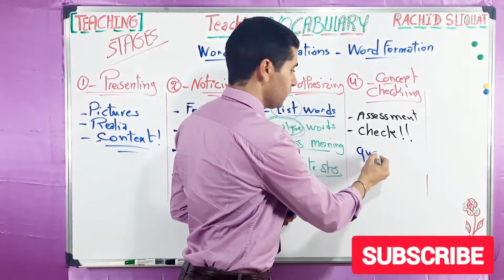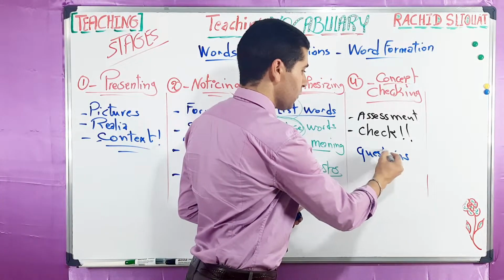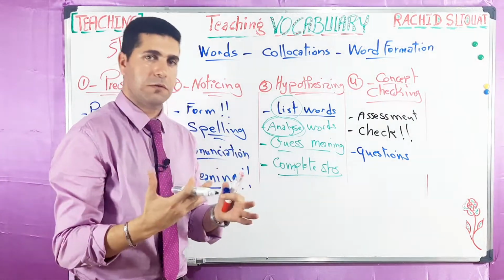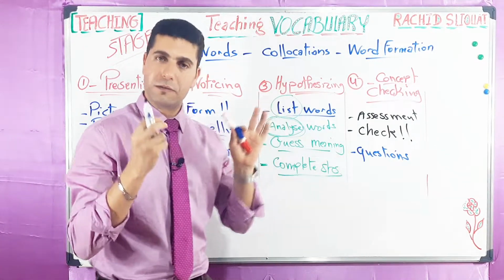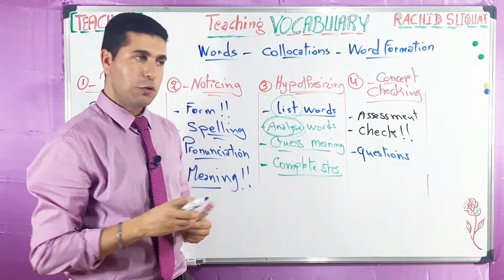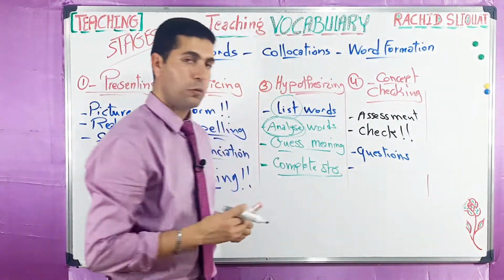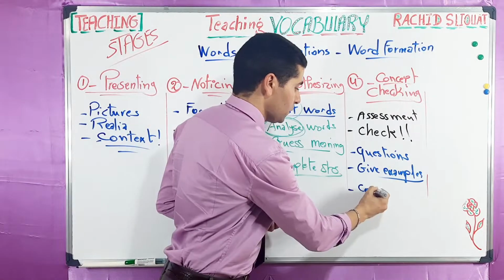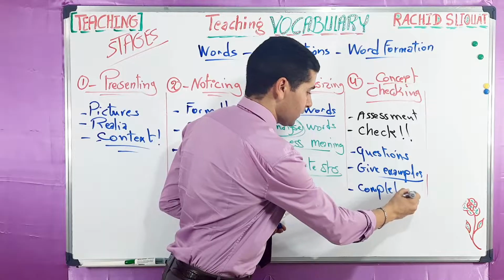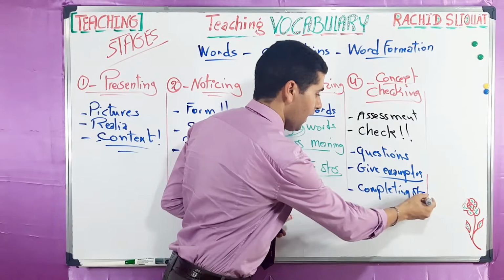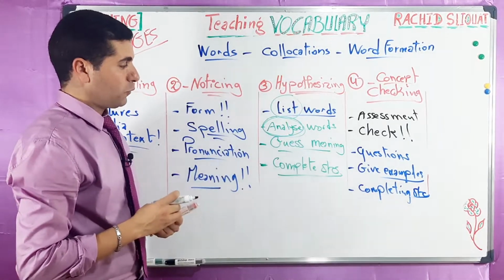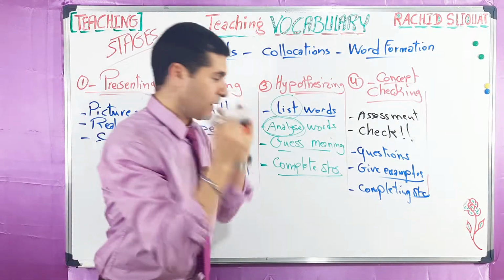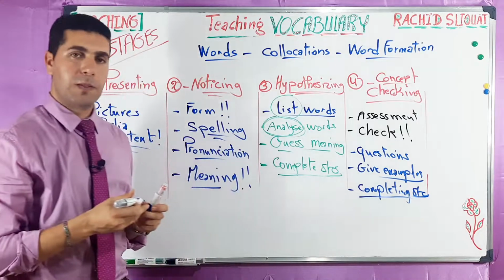If you see that students answer the question, this means that learners still remember. You can also ask learners to give examples, complete sentences, or re-show them the pictures and see whether they still remember.